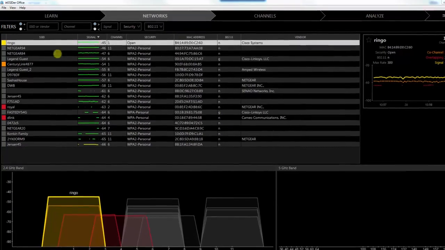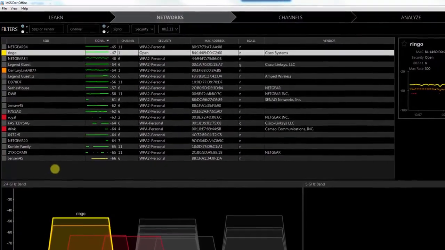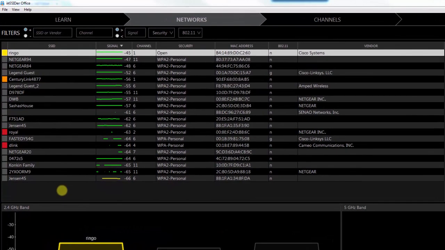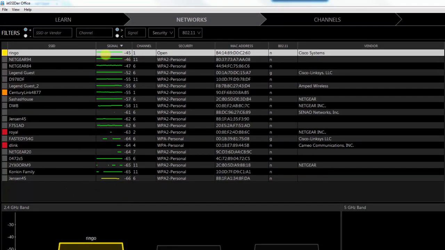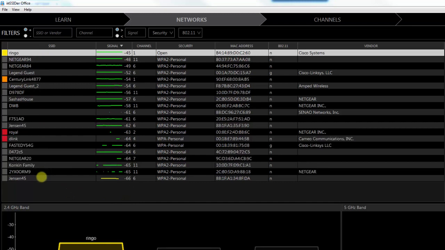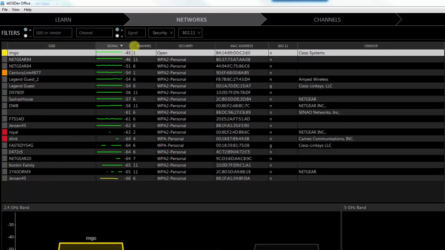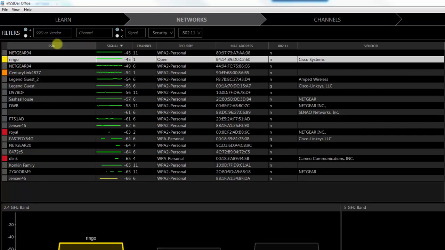So here you can see all the access points, or all the SSIDs, that are being picked up by my laptop here. There are quite a few of them, so let's go down the columns. This is the SSID of the device.